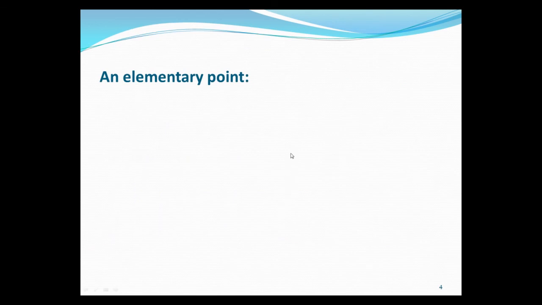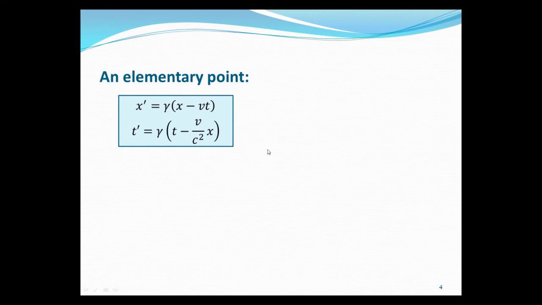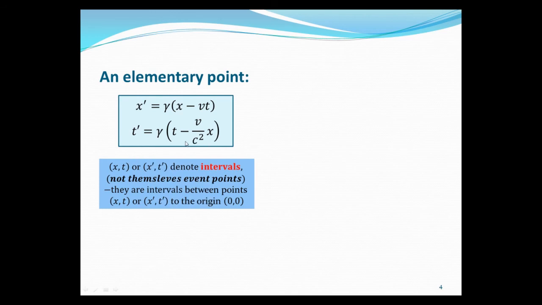An important point about all these transformations: when we write something like x and t, and x prime and t prime, you should understand these are meant to be intervals. They are not the labels of the event points themselves. When we write x and t, we mean x and t relative to the origin, and x prime and t prime relative to its origin. So it's intervals.